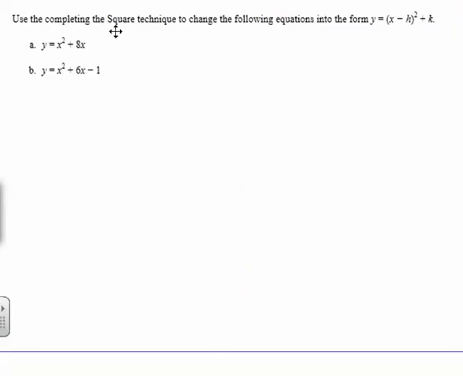For part A, it says to use completing the square to change this into this form of an equation. So I'm starting with y equals x squared plus 8x like we did before.